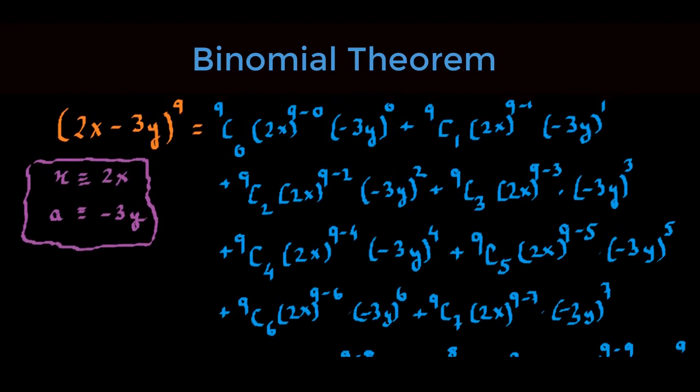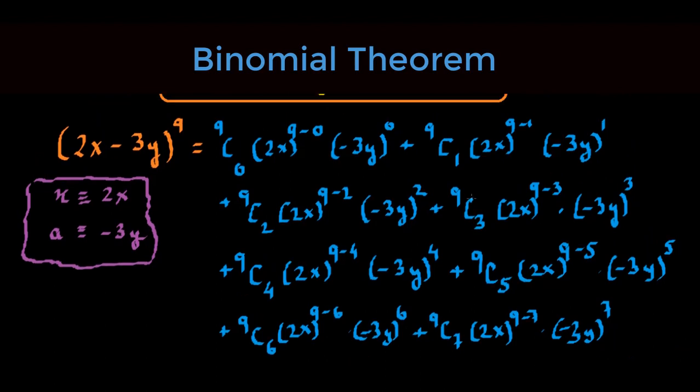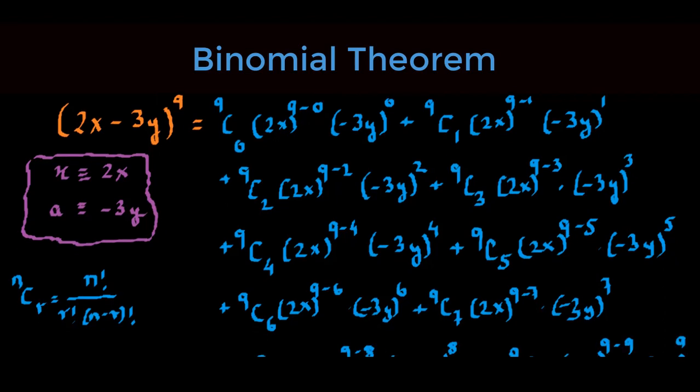So 9C0, what you can do is use a calculator or use the formula that nCr is equal to n factorial over r factorial times (n minus r) factorial. What I'm going to do is use my scientific calculator to quickly find the value of all the coefficients. 9C0 is very easy. 9C0 is always 1, and (2x) to the power 9. So what we can write here, let me make it a little smaller.